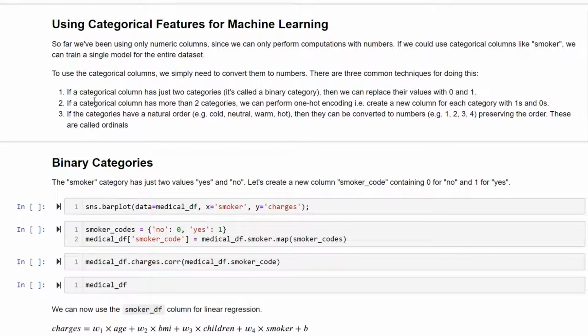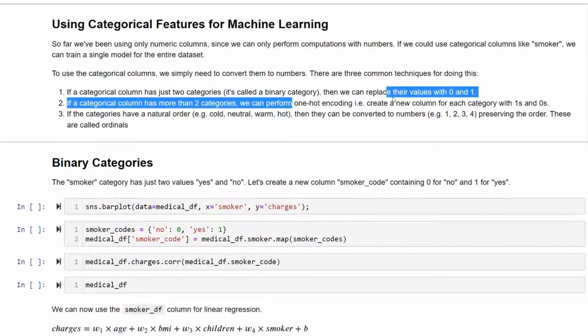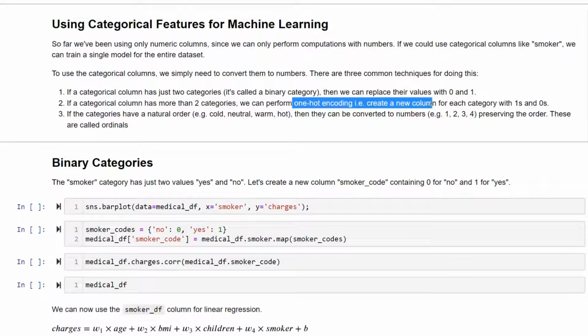If a categorical column contains more than two categories, we can perform one-hot encoding, which we are going to see further, by creating a new column for each category with zeros and ones. And if the category has a natural order like cold, neutral, warm, hot, then we convert them into numbers preserving the order. These are called ordinals.